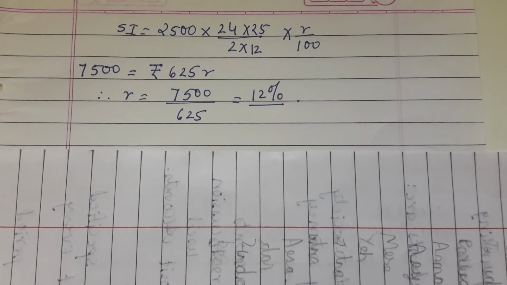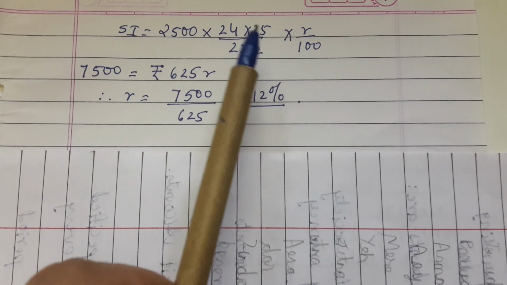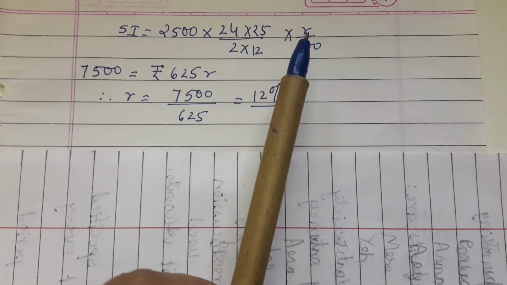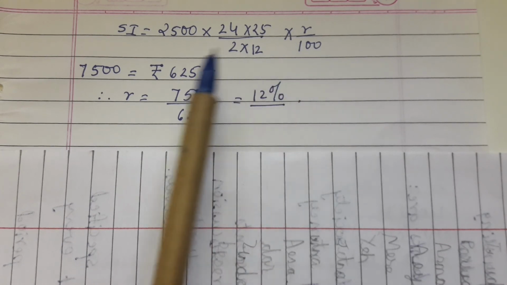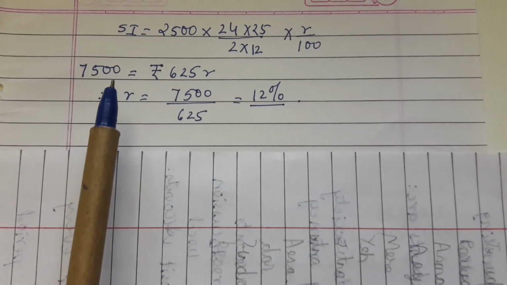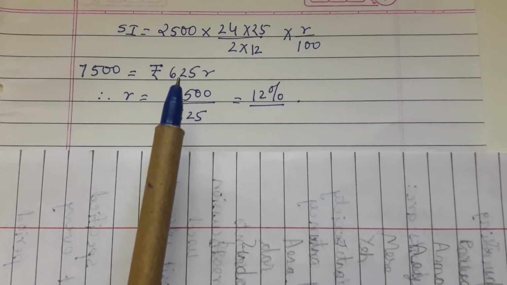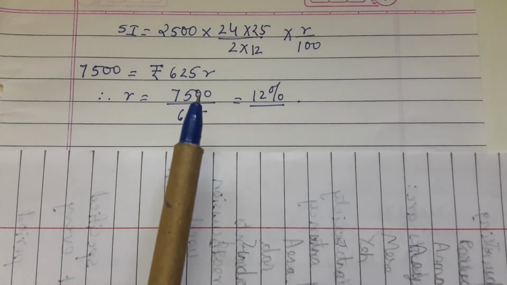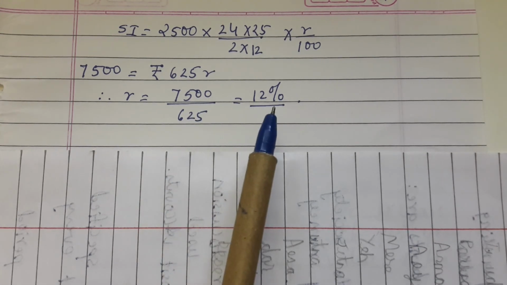Simple interest is equal to 2,500 into 24 into 25 upon 2 into 1/12 into R upon 100. Simple interest is 7,500. This is equal to 625R. R is equal to 7,500 upon 625, that is 12%.